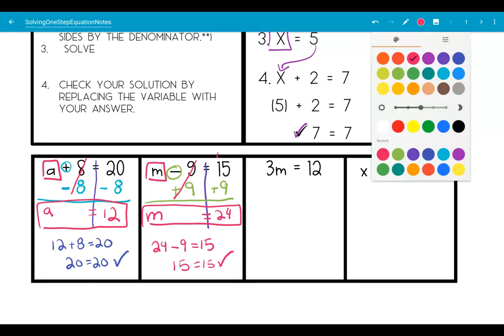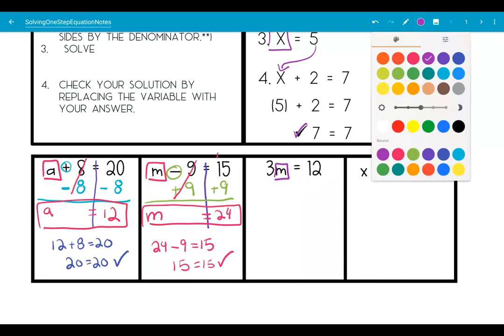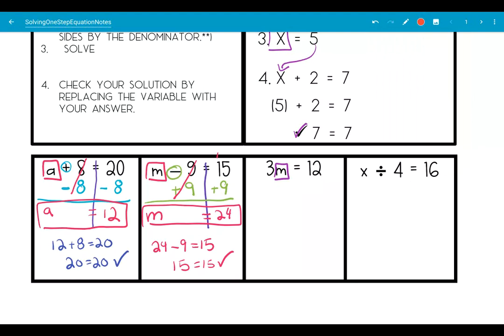Two more. The next one has our variable m right next to the number 3. We need to remember that when two things are next to each other in algebra, that means multiply. So what undoes multiplication? What's the inverse? Division. We're going to show division in this case by using the fraction bar. Divide by 3 on this side, divide by 3 on this side.